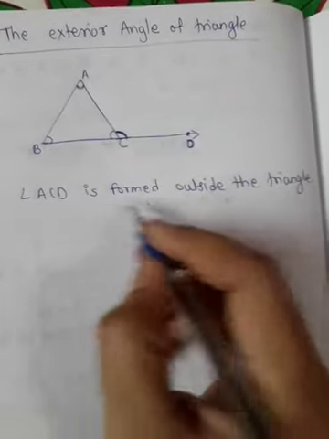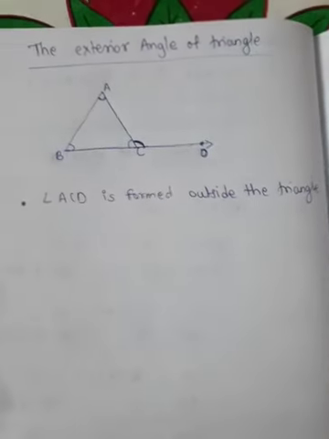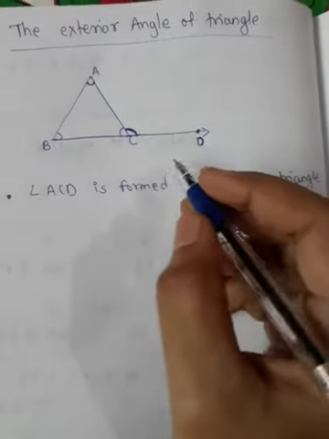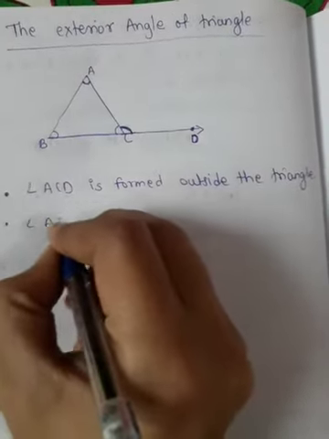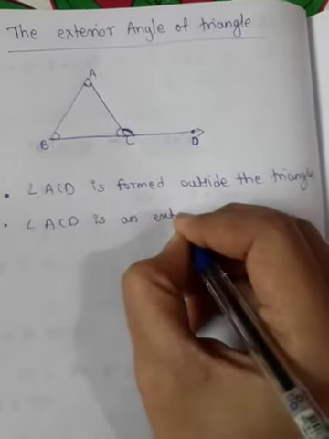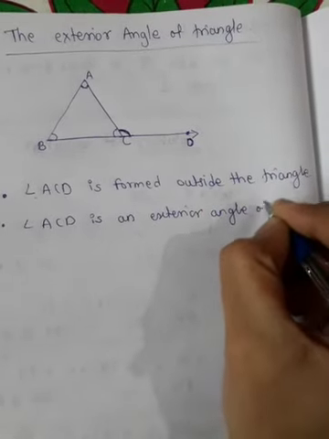So angle ACD is formed outside the triangle. Angle ACD is an exterior angle of the triangle.